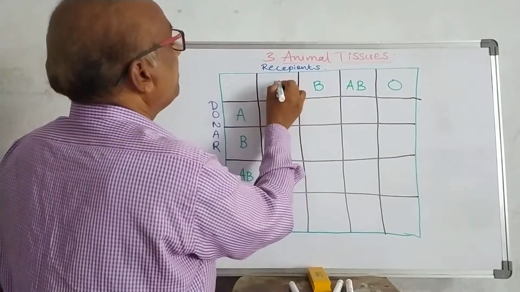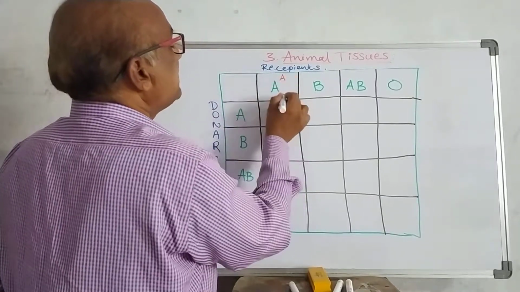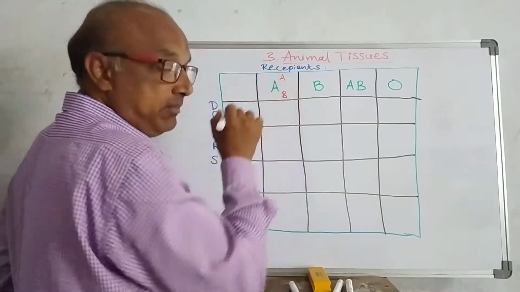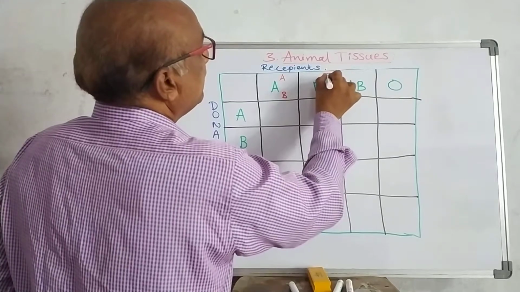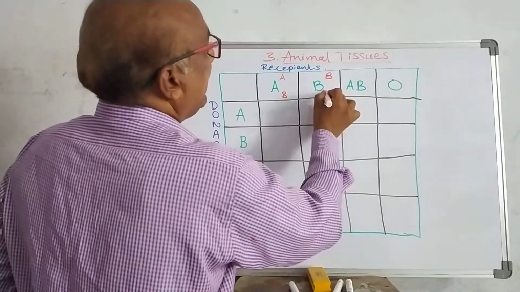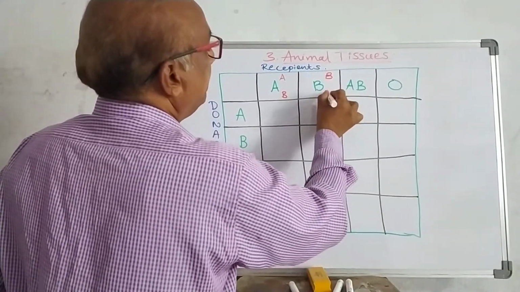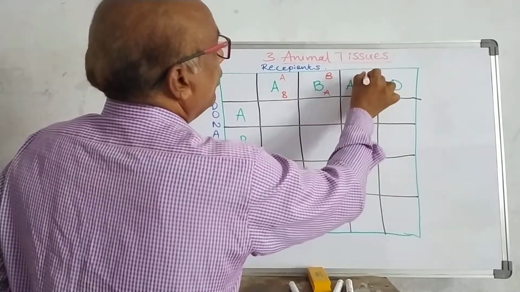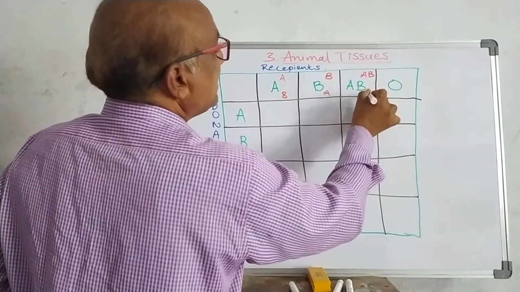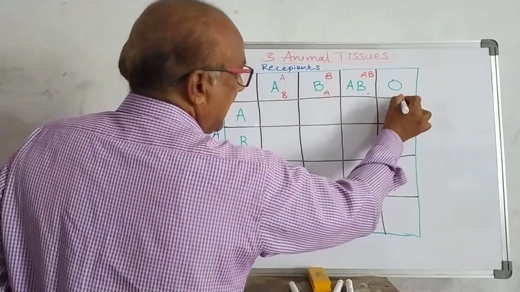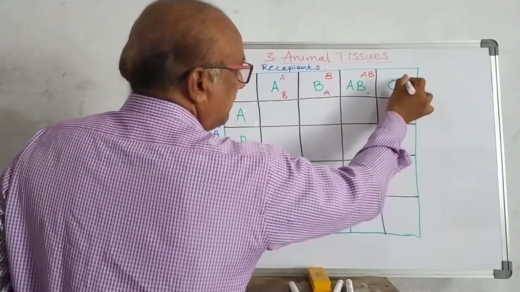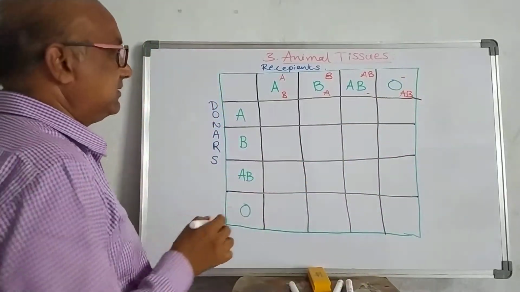So in an A blood group person, antigen A is present and antibody B is present. And in B blood group, antigen B and antibody A. In AB, only antigens are present but no antibodies. Here only antibodies are present but no antigens.